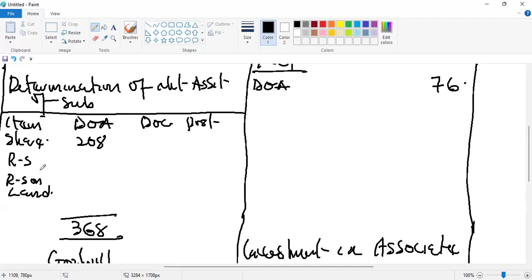How much revaluation surplus on land? 20 million. Therefore, I can get my retained earnings at the date of acquisition. I say 208 plus 20 minus 368. The retained earnings is 140, balance figure.